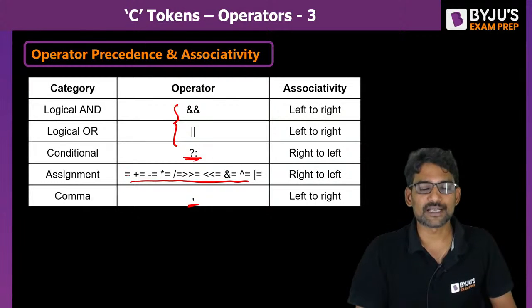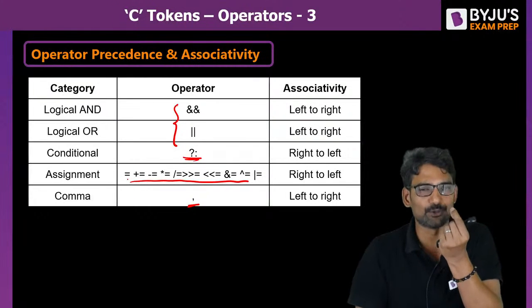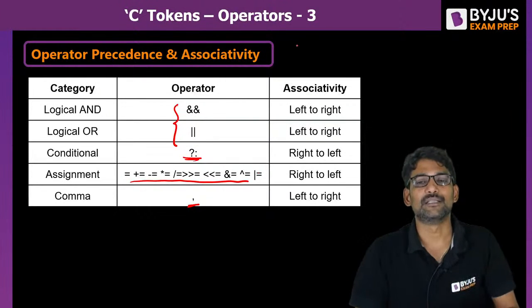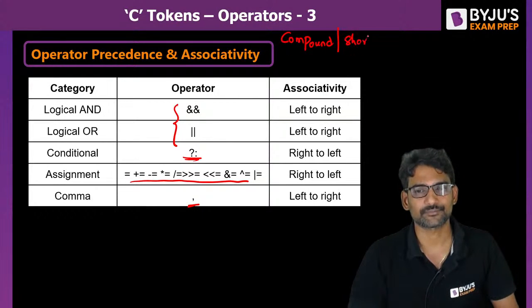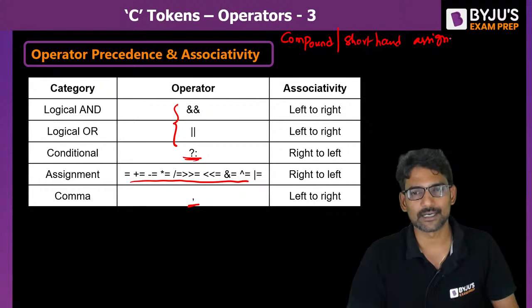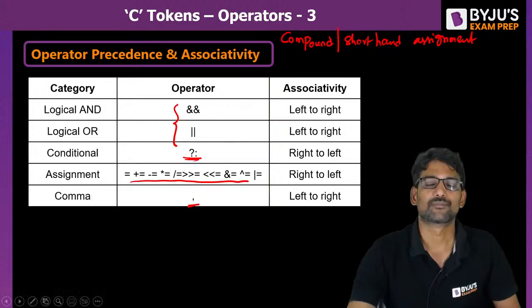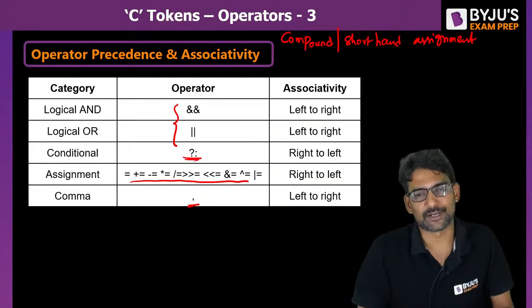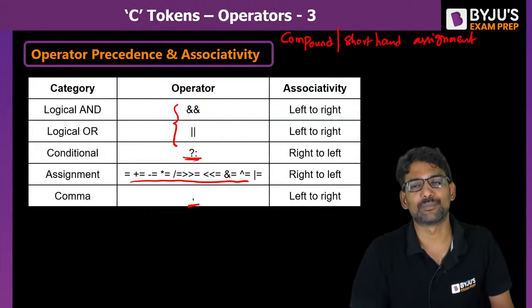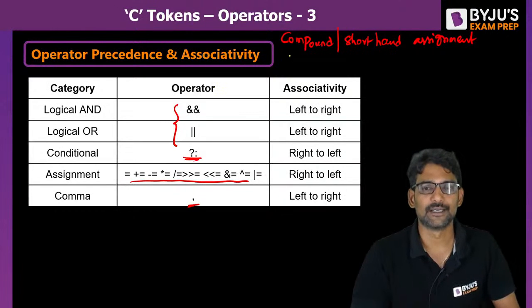Here, assignment means only one equal to, no? What are all these others? These are compound or shorthand assignment, which means you can use the assignment operator along with some other arithmetic or bitwise operator.